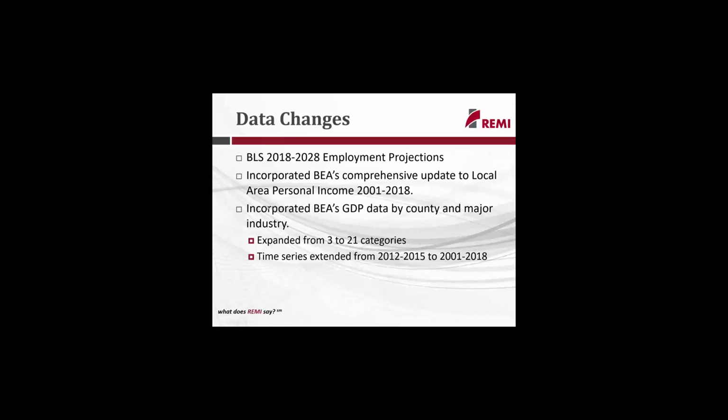The other interesting thing is that the BEA expanded its GDP data by county. Previously, we had 3 categories, and that's been expanded to 21 categories. The time series for that has changed from 4 years to our entire history. So when people wonder why their model looks a little bit different this year than it did last year, these are the reasons.